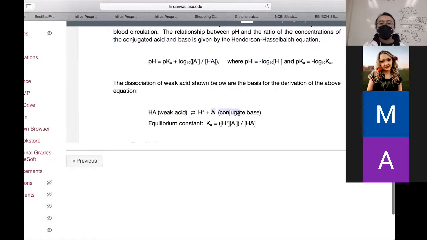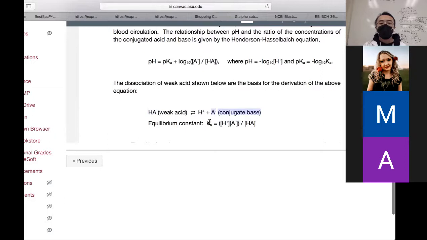You can also call this a weak base. This is the weak acid, this is the weak base. In today's case, the weak acid we are using is potassium phosphate monobasic, and the conjugate base is potassium phosphate dibasic.